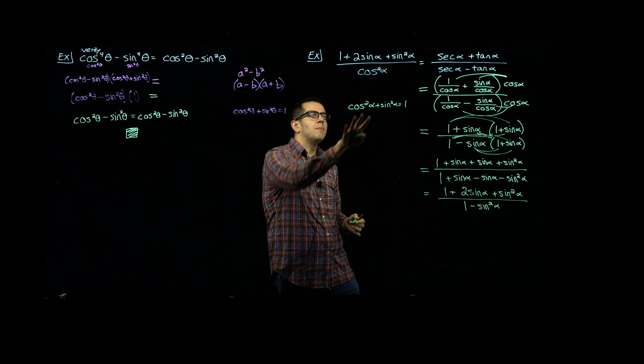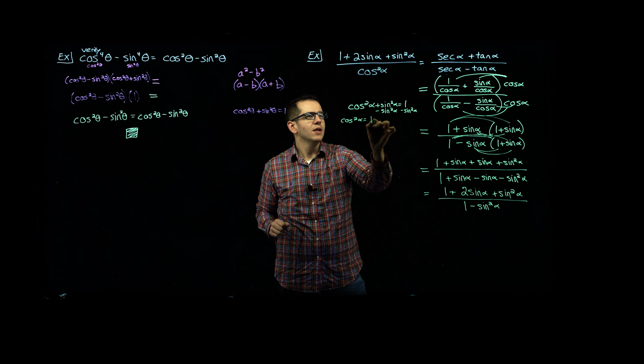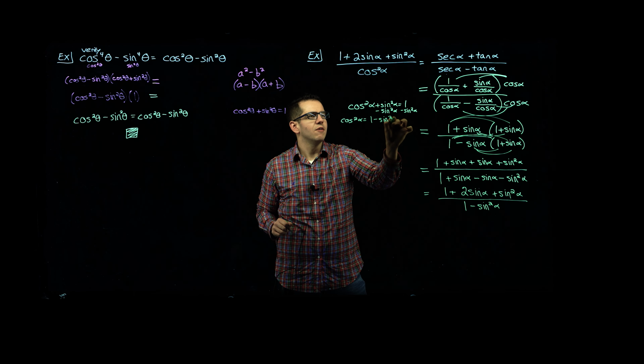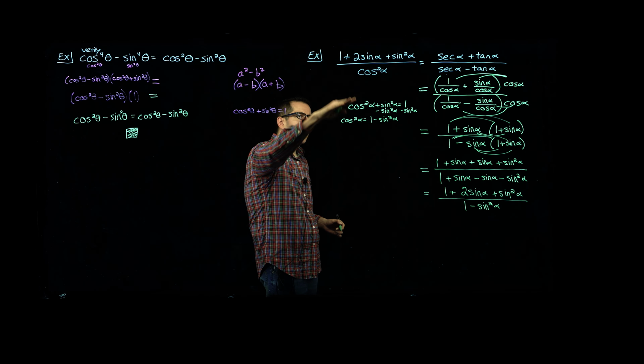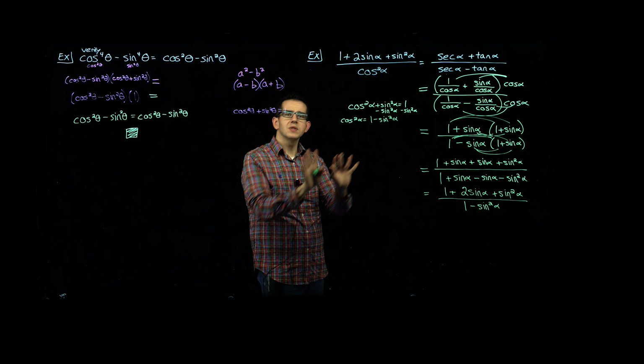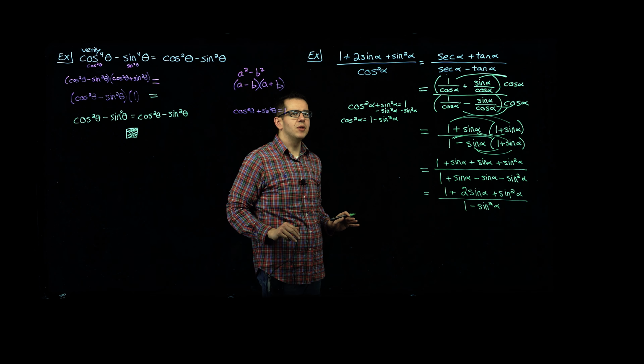We need 1 minus sine squared alpha, so if we subtract this sine squared alpha from each side off to the side of all of our work, we get cosine squared alpha is equal to 1 minus sine squared alpha. And this is always true because it came from our Pythagorean identity, so we can substitute it into our problem.